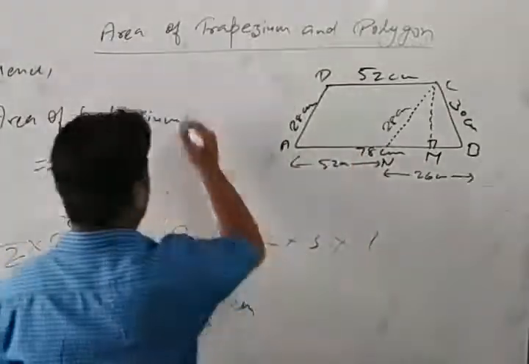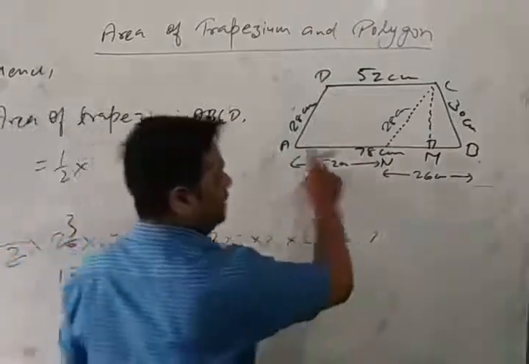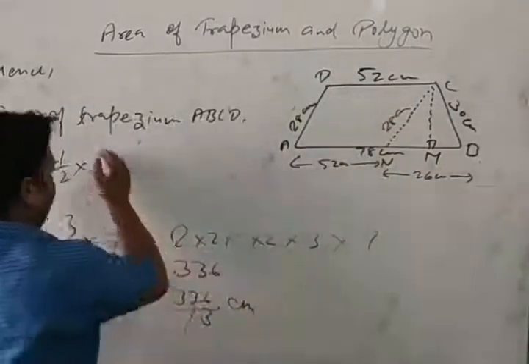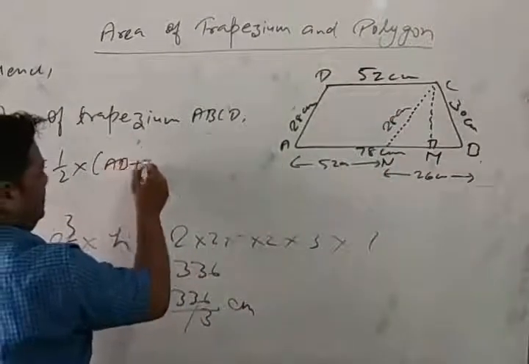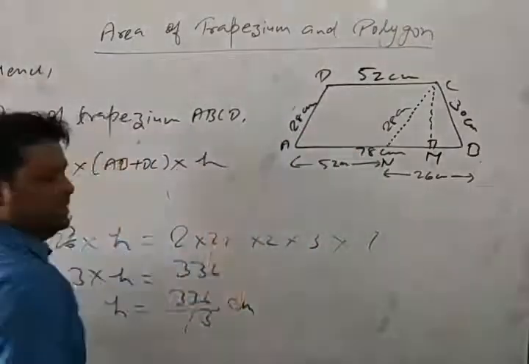In this trapezium ABCD, the parallel sides are AB plus DC, and height is CM, or we can say only h.